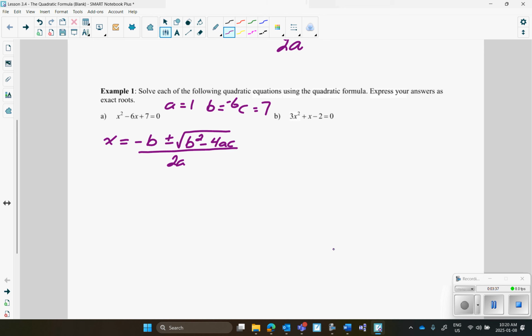There's this plus this, divided by this, and there's this minus this, divided by this. We just don't want to write it twice, so that's why we do the plus or minus.